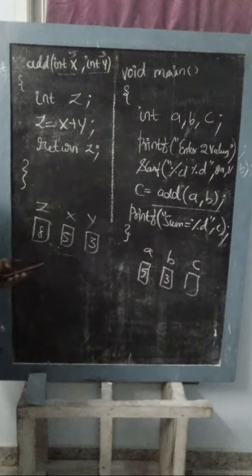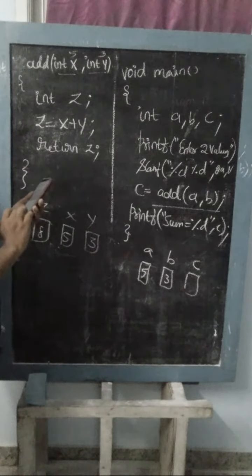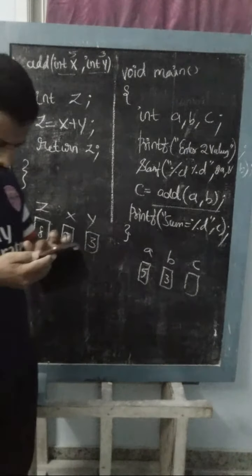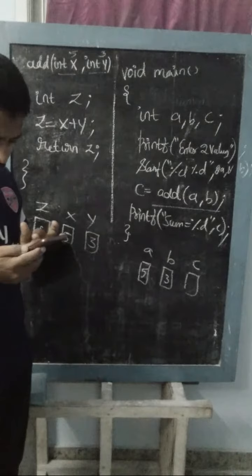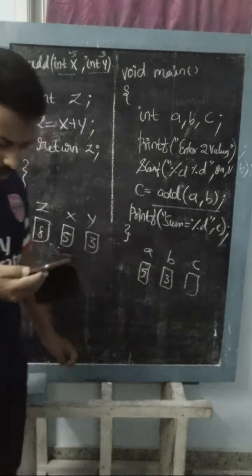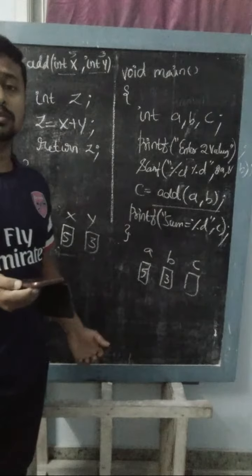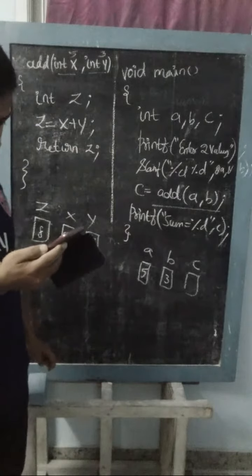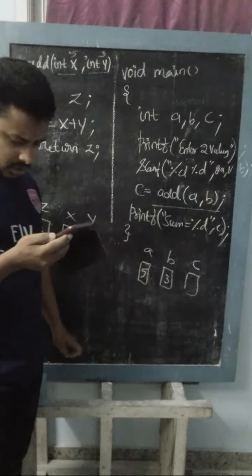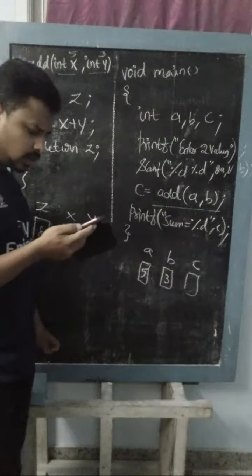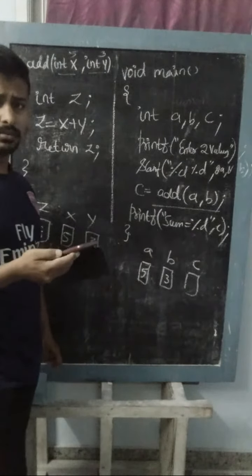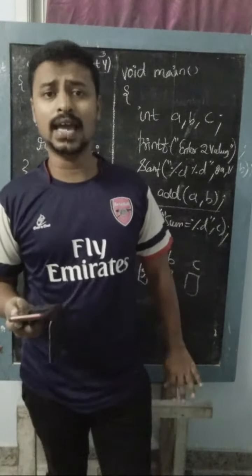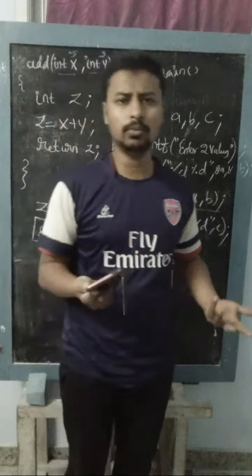Shall I ask you one question? Here, what is the function call and what is the function definition? Which one is the function call and which one is the function definition? Function declaration is not compulsory, based on the compiler. Some compilers will compulsorily ask, and some may not.